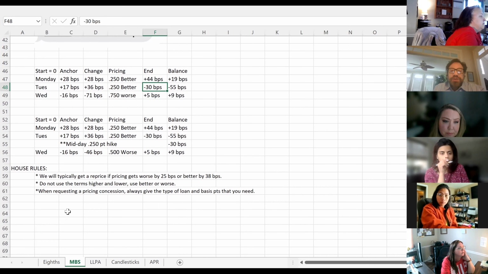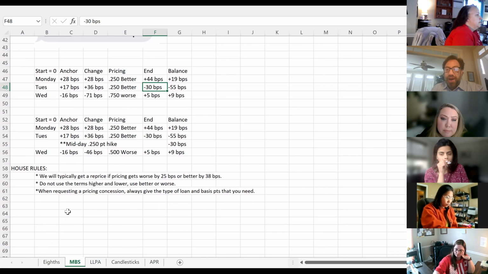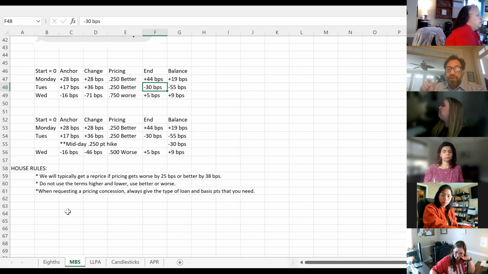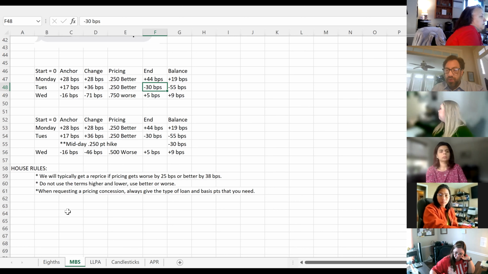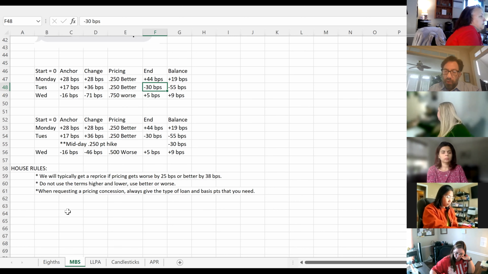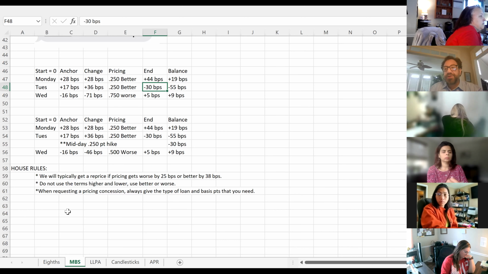Okay. Yeah. So here are some house rules so that you're not totally blindsided. Marketing will typically reprice worse if we lose 25 basis points or more. They typically will price better if we improve by 3/8, which is 37.5.